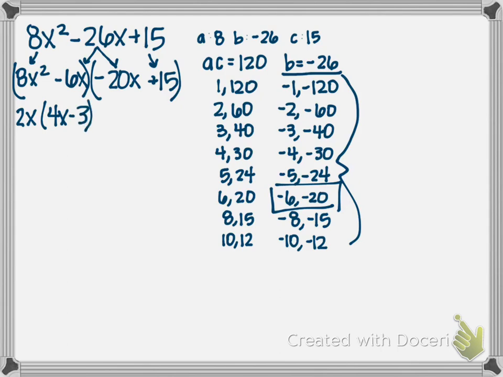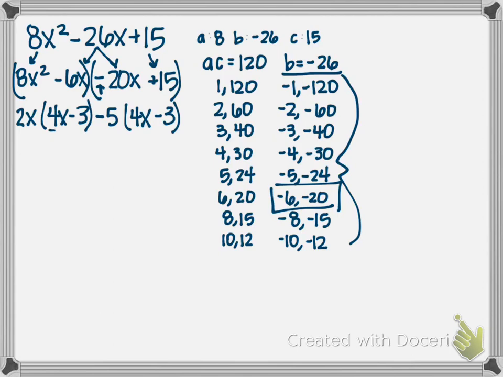Okay, when I get to this -20x and +15, anytime you have a leading negative, you must pull out a negative. So a leading negative means that I factor out a negative number. This is a leading negative, so regardless of what they have in common, I know it's going to be negative. They have 5 in common, and that's it. Now make sure you're watching your signs here also. -5 times a +4x gives me -20x, and -5 times a -3 gives me +15.